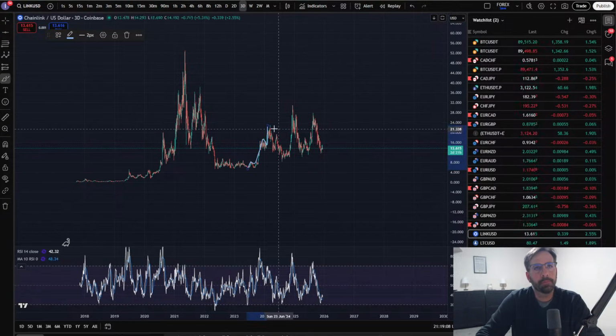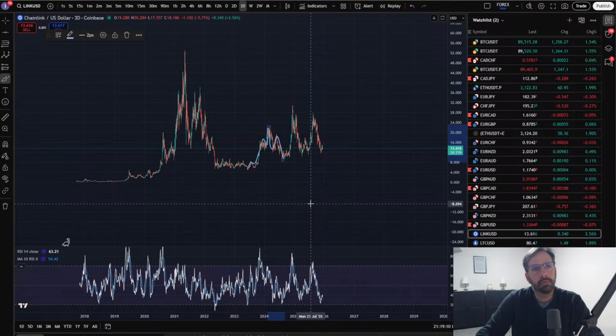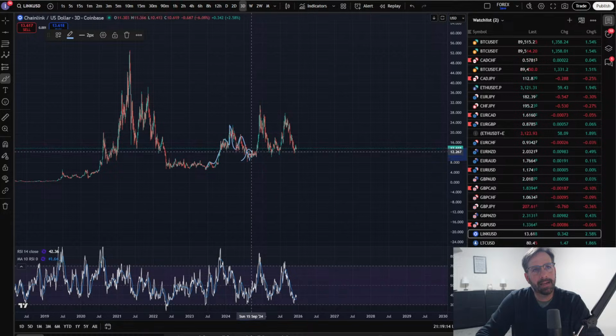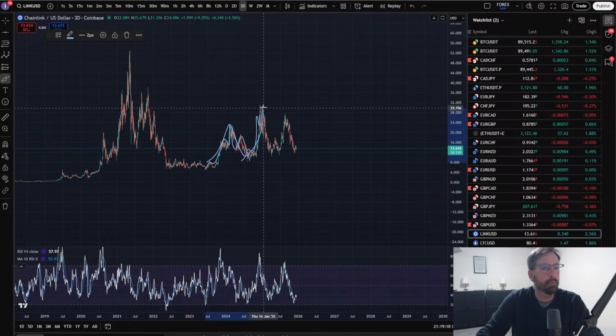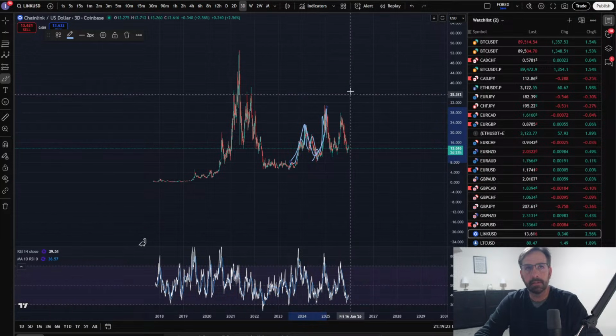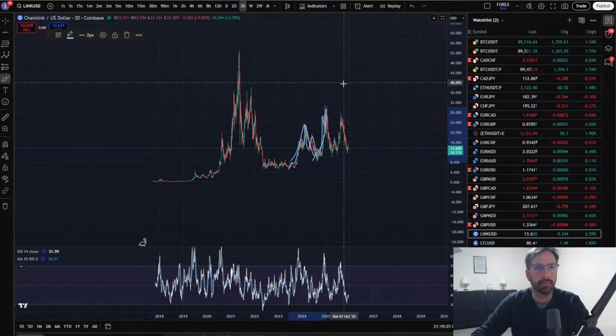There's an impulse. 3-wave move right there. 3 waves. And then that kind of looks like 5 right there. So that resembles a zigzag. Looks like 3. Doesn't have to be 3, but it looks a lot like 3.